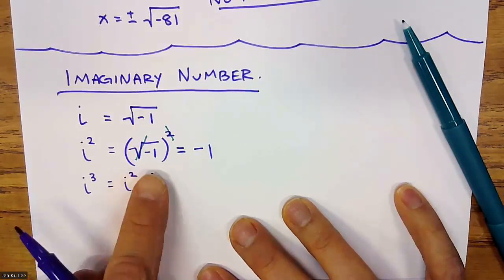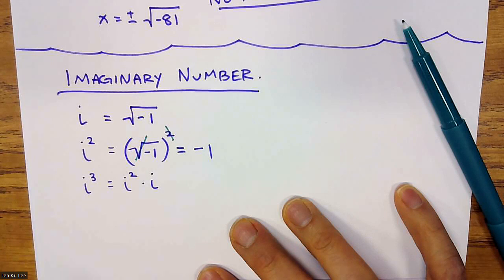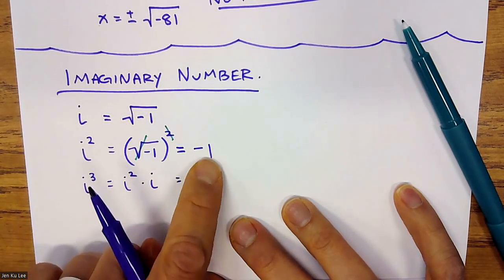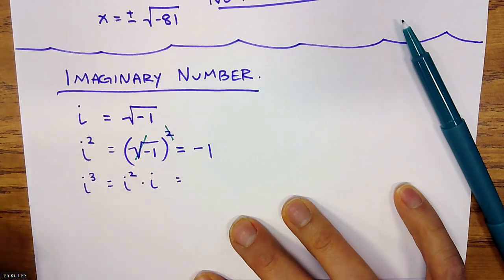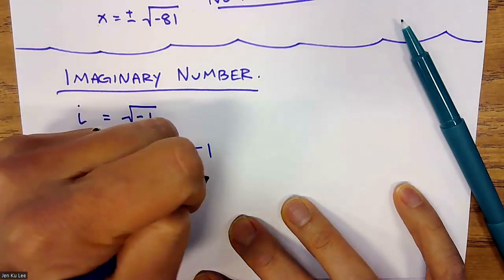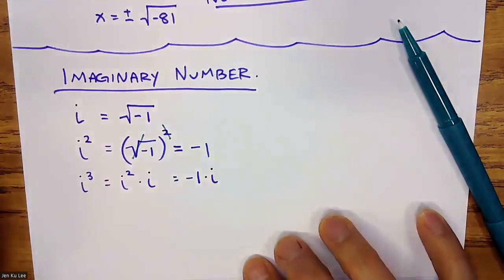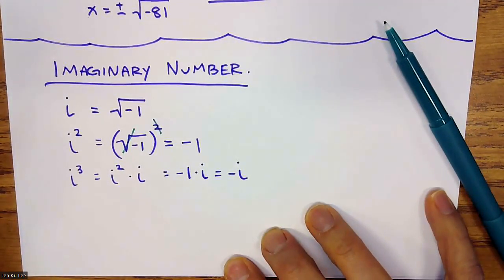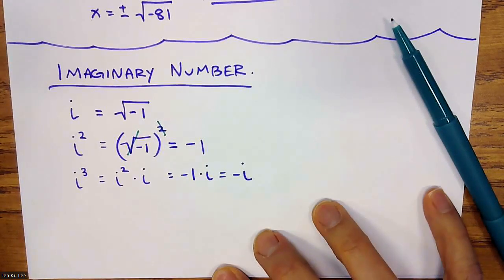We add the powers up and we get i cubed, or i to the third power, okay? 2 plus 1 is 3. So since we already established i squared is -1, -1 times i is going to equal -i.